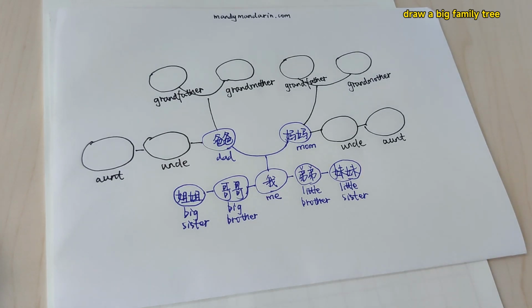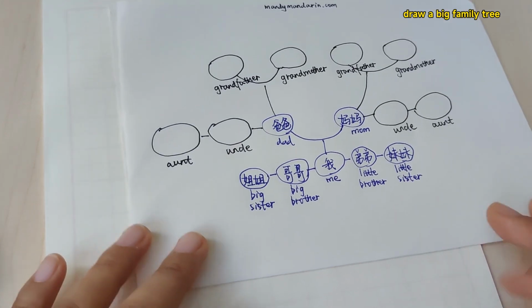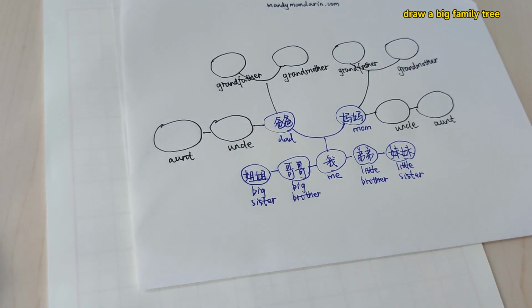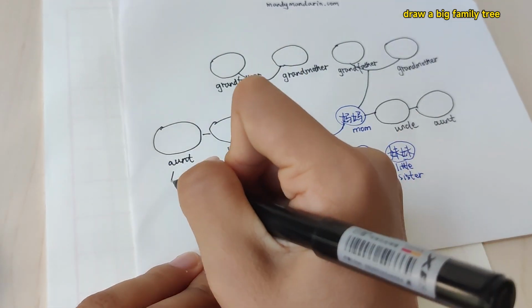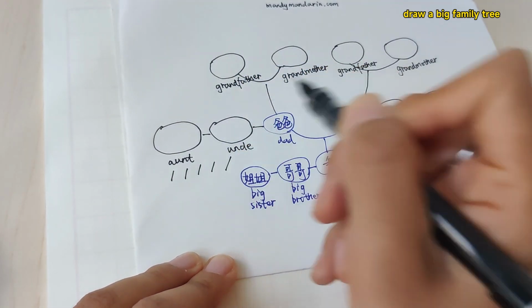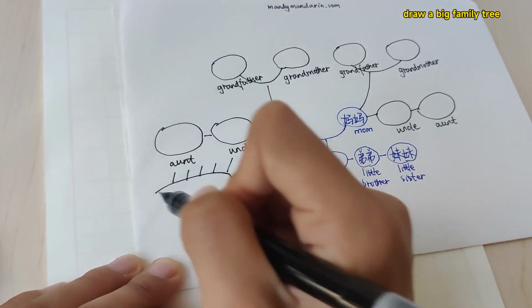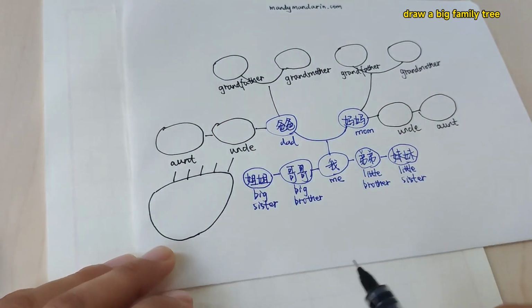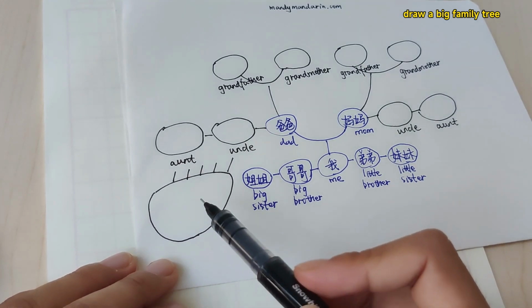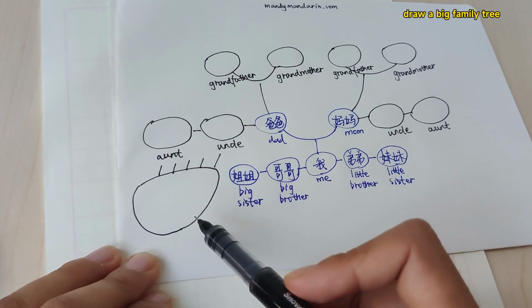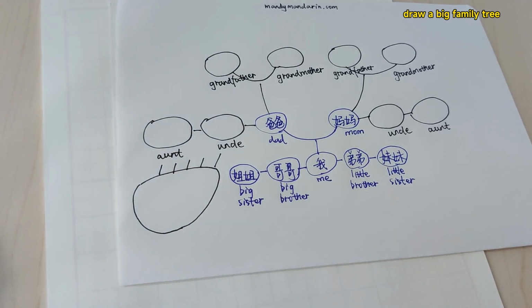But I just want to take one step further, just one step. So the aunt and uncle, they might have kids, okay? So they might have kids. So they would be your cousin. So as for the cousin, you better draw a very big circle here because there's going to be a lot of words.